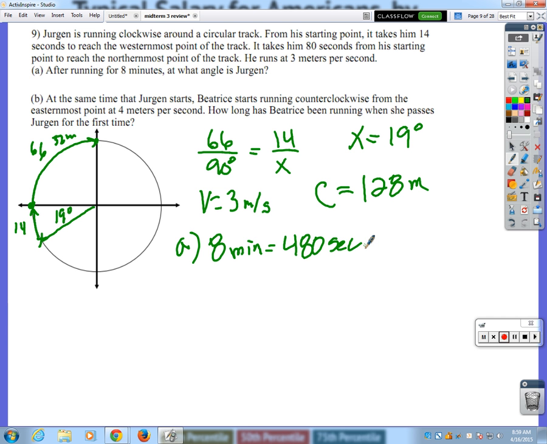How long did it take him to make one revolution? 42. Wait, I don't know. What did you say? We did this or not?